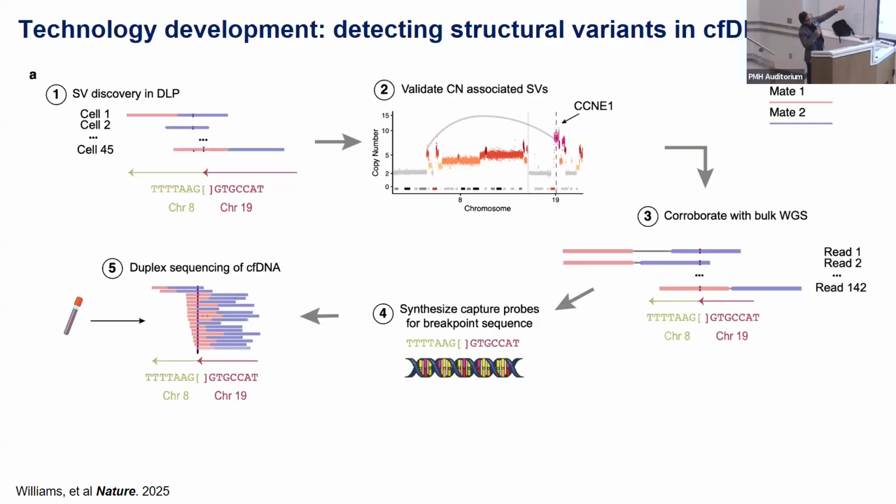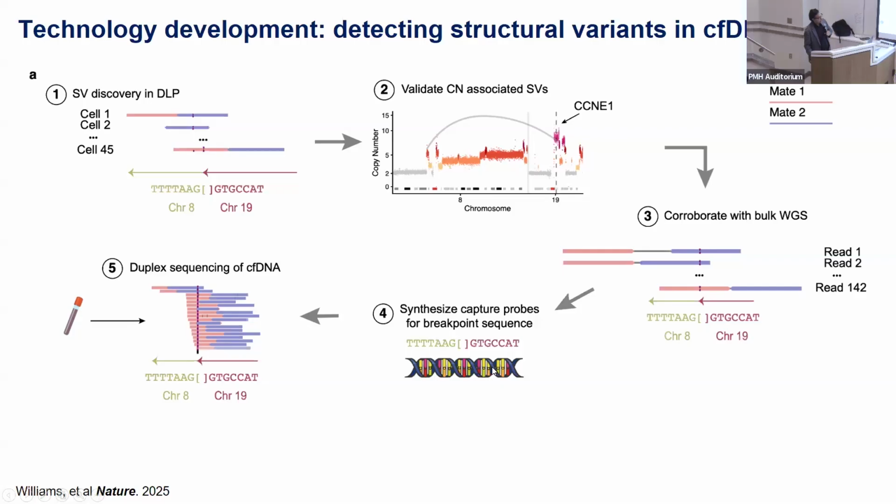Then we can validate; oftentimes we see copy number alterations that coincide with the rearrangement breakpoints. And the key thing is that we can synthesize capture probes against that breakpoint sequence. Here we can synthesize an oligonucleotide against this and design hybrid capture probes.